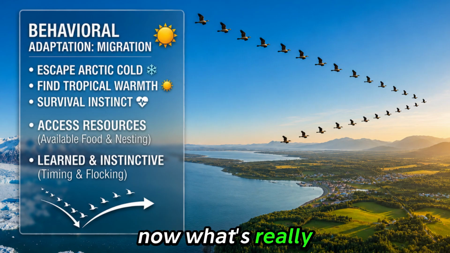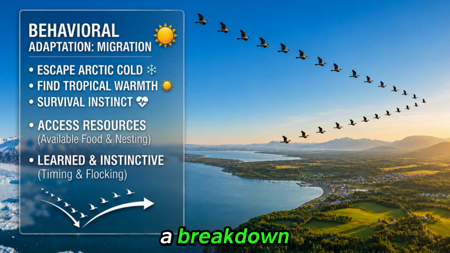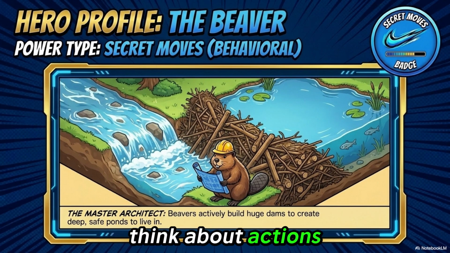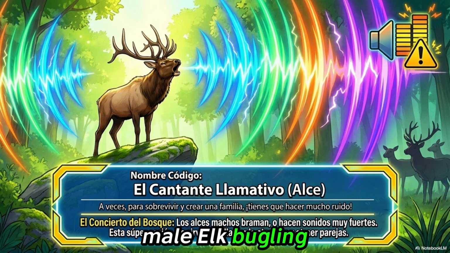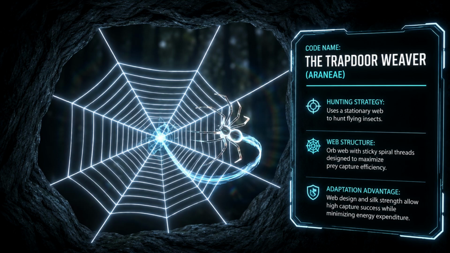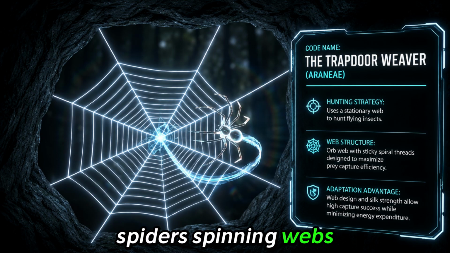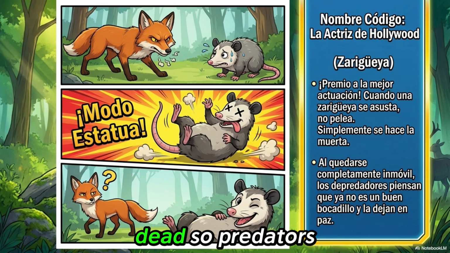Now, what's really fun is testing out how clearly we can map these traits. Let's look at a breakdown. Think about actions. Beavers building dams to create ponds, male elk bugling to attract mates, spiders spinning webs, and opossums playing dead so predators leave them alone.